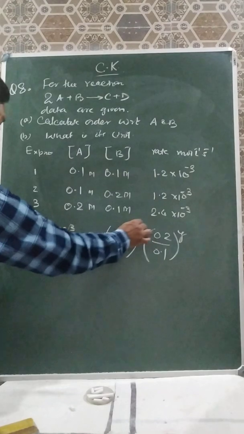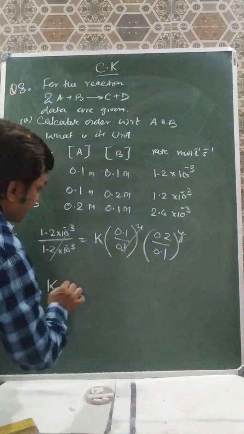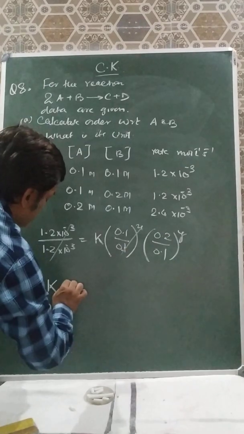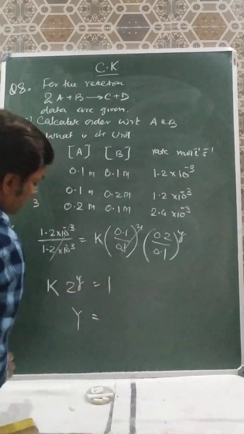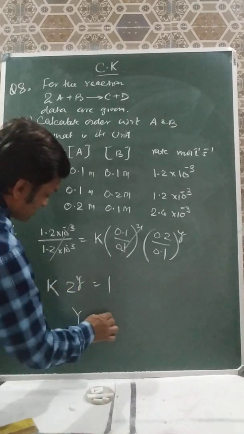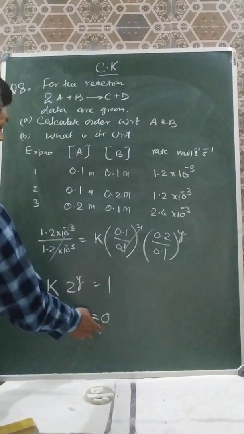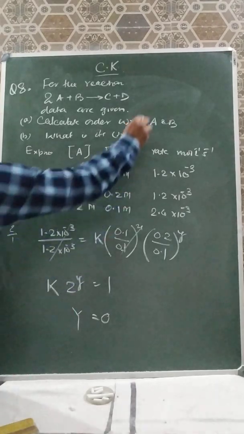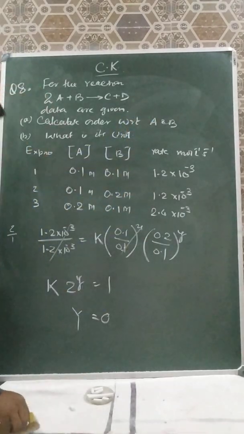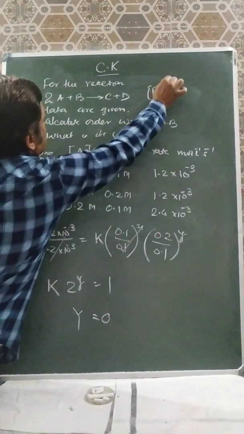The first term cancels out, so 2 to the power y is equal to 1. Any number to the power 0 is 1, so y is equal to 0. The order of B is equal to 0.